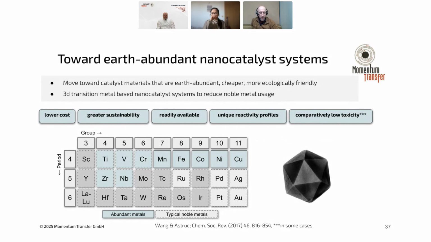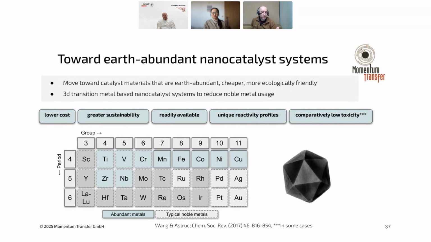And so there's a big push going on trying to develop catalysts with manganese, iron, cobalt, nickel, copper, for instance, and then also often these other components that I have in the dash lines here, so titanium, vanadium, chromium, zirconium, niobium, as separate systems or often as doping atoms, and all towards getting a lower cost of production, better sustainability and availability.